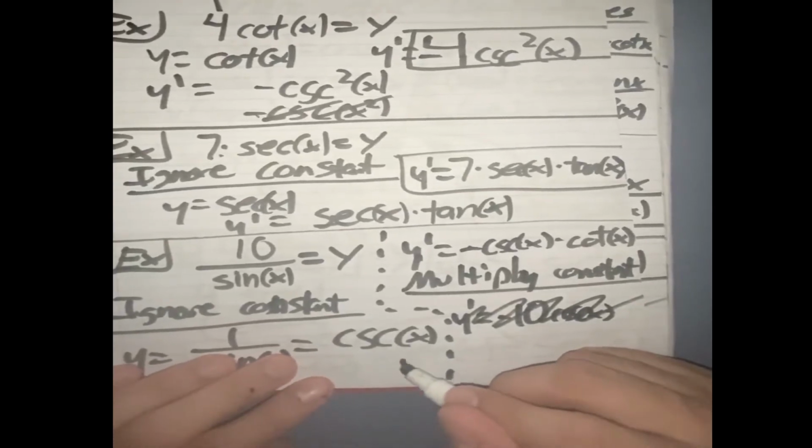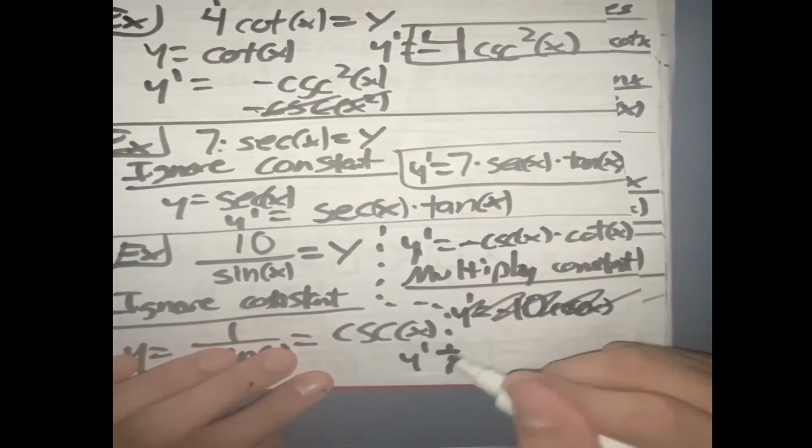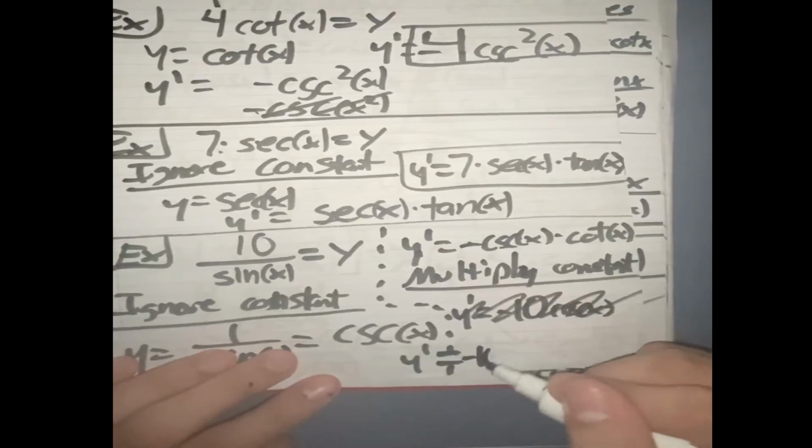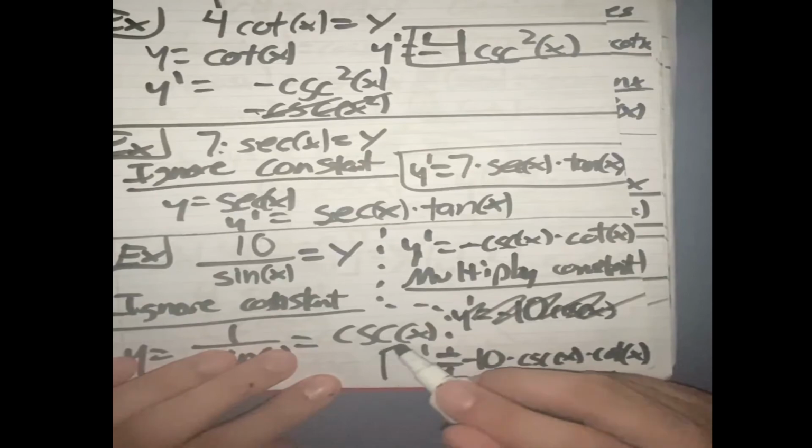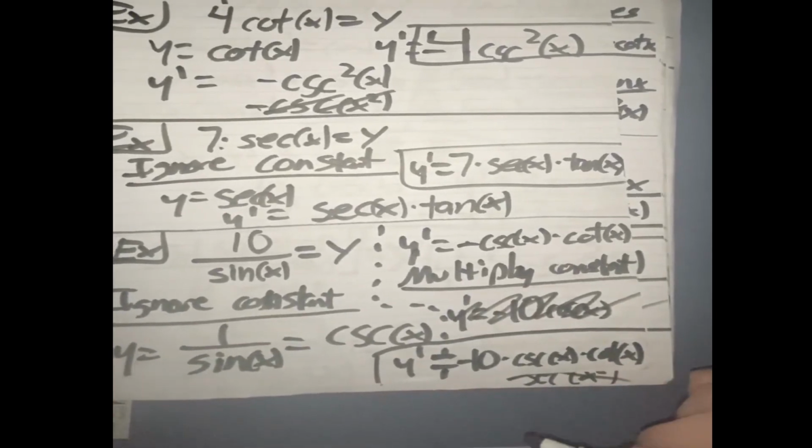So y prime is equal to negative 10 times cosecant x times cotangent x. Make sure you don't forget the negative sign.